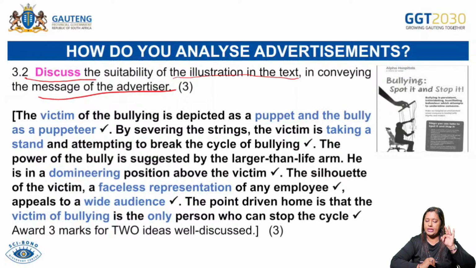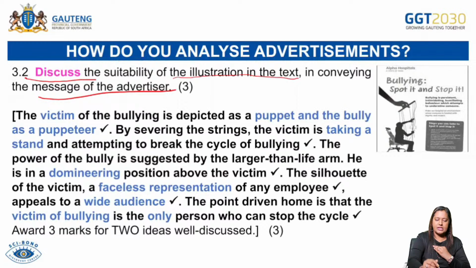Okay, so 3 things. So we're going to firstly think in our heads. All right, there is an illustration of the puppet and the puppeteer, and it's showing us what bullying is all about. And then, is that suitable for the topic that is being spoken about? And does it also tie in with what the advertiser wants to say to me as the reader? And that's the 3 marks we're looking for.